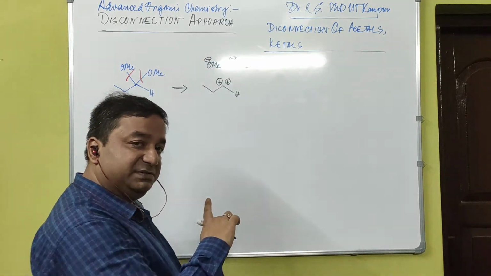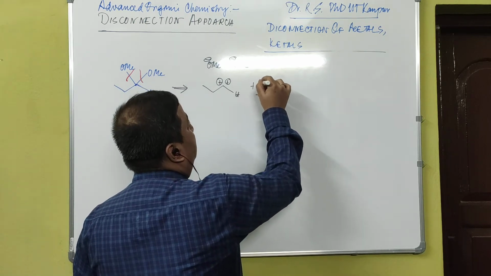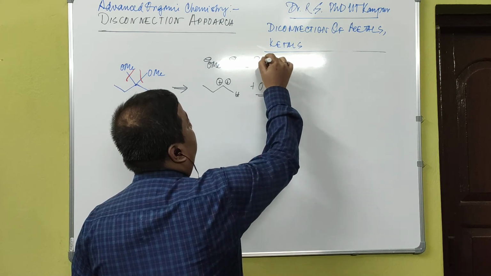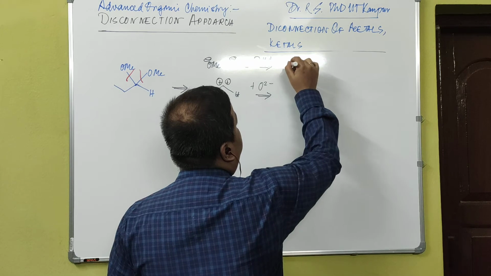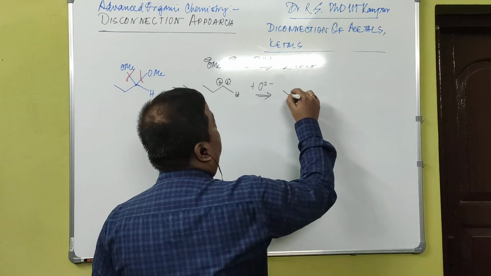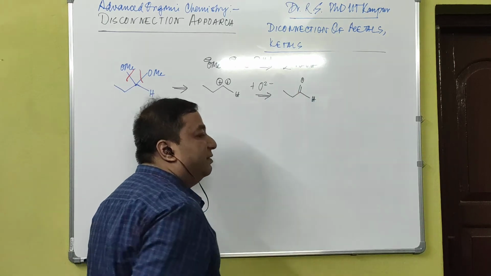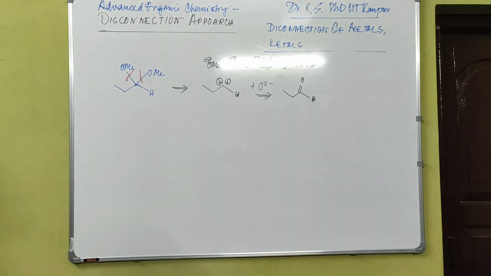Wherever you have this dipositive charge, simply you have to add O2 minus, and over here you add H plus, and that will give you two molecules of methanol, and at the same time you will be getting the aldehyde. Obviously over here it is the propanal. Okay, so now we have got some idea about the disconnection approach of acetals and ketals.